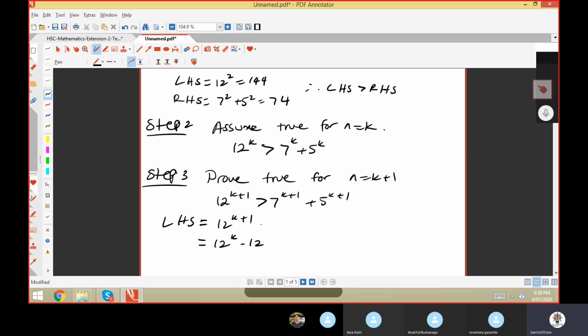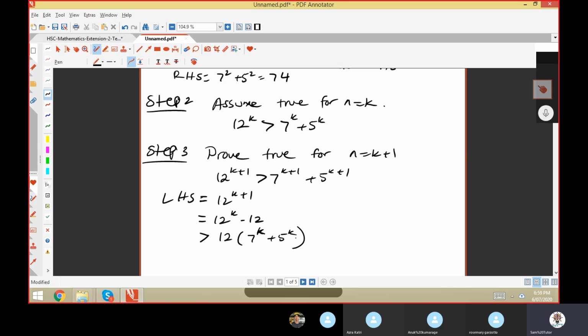So 12 to the k plus 1, you're going to use your index laws, break that up into 12 to the k times 12, because then you can actually start bringing in your assumption. Otherwise, you can't bring it in at this stage. So next line, I'm going to bring my assumption in. I know that 12 to the k is bigger than 7 to the k plus 5 to the k. So this line is bigger than 12 times 7 to the k plus 5 to the k.